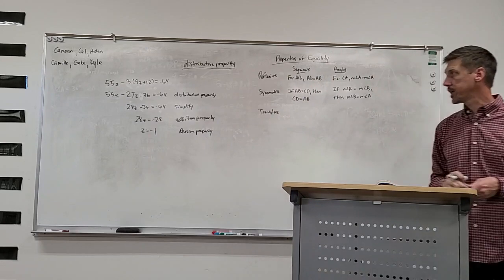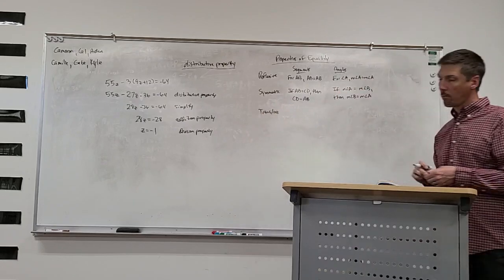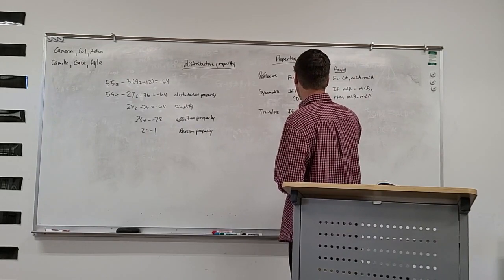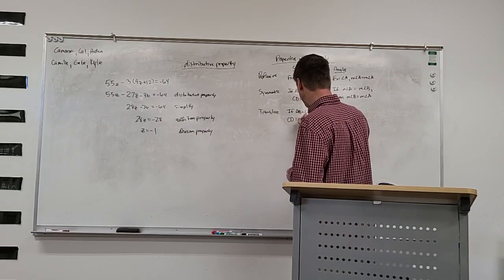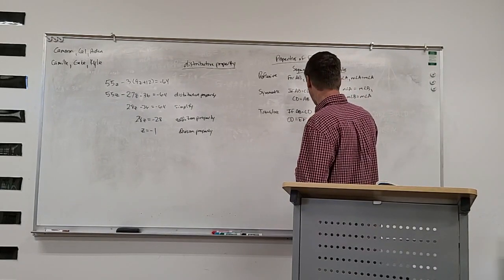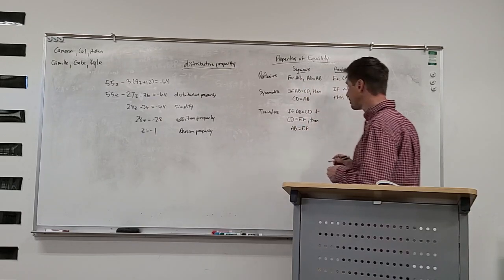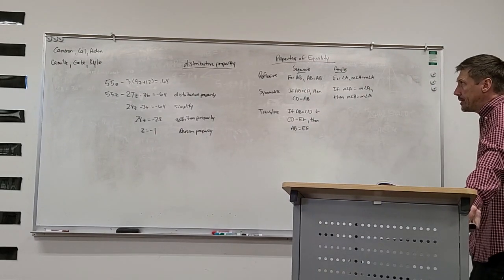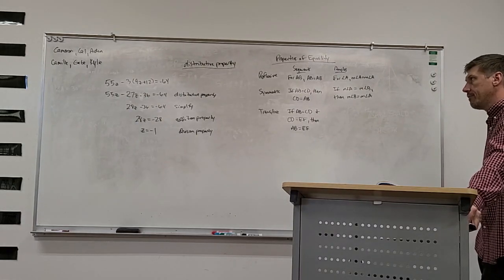So the transitive property is the last one. For this one, we have three different line segments, AB, CD, and EF.